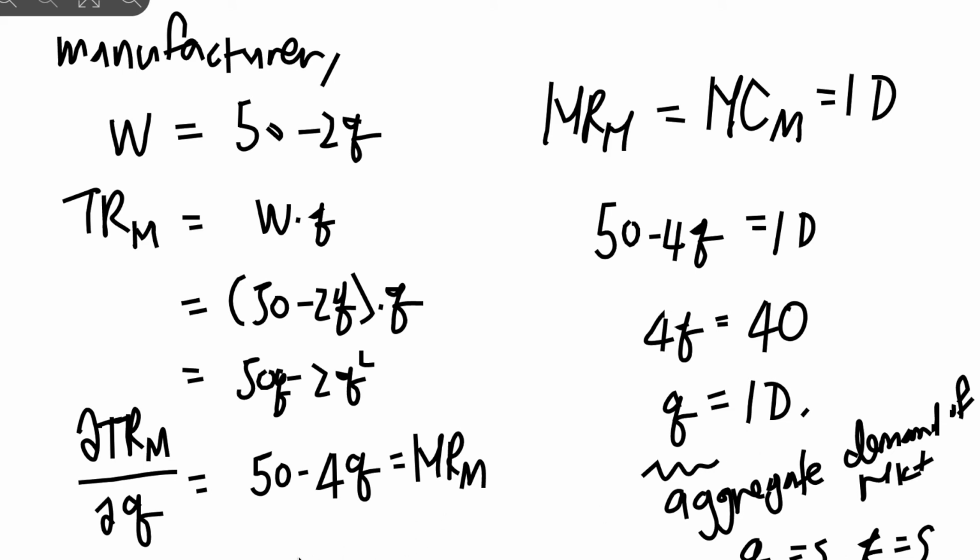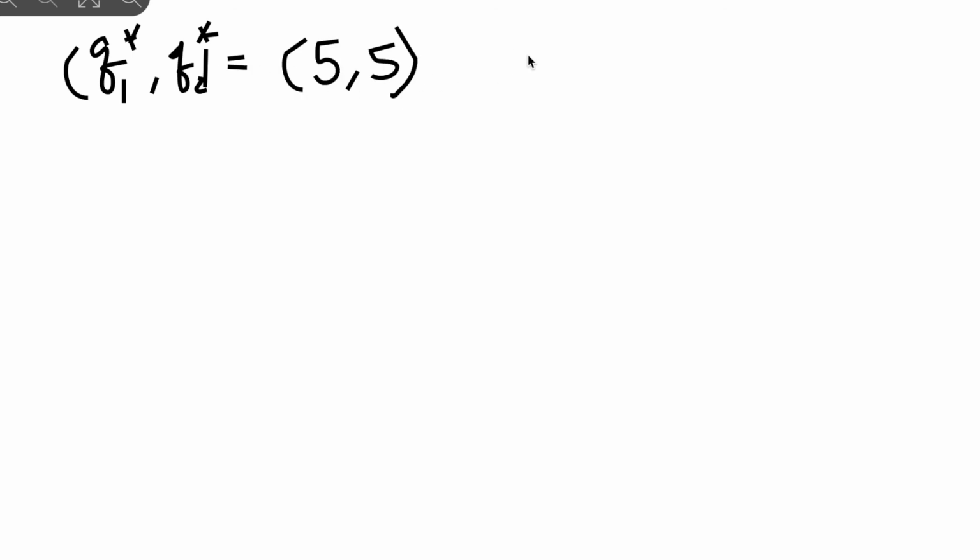So the output of each firm, Q1 star and Q2 star, equals 5 and 5, and the total Q, which is Q1 plus Q2, is 10.